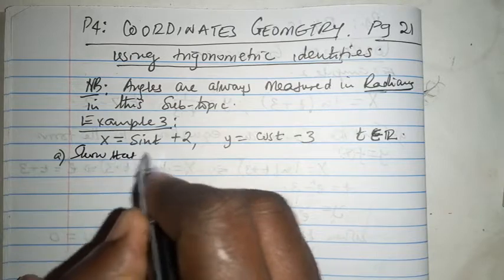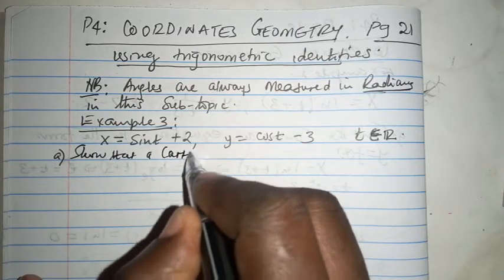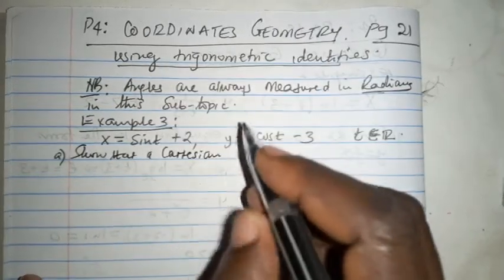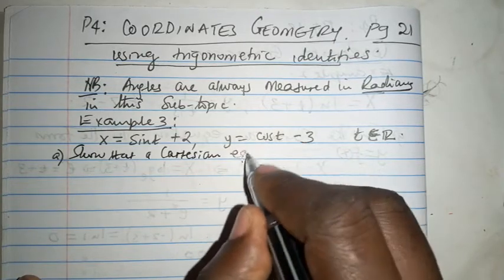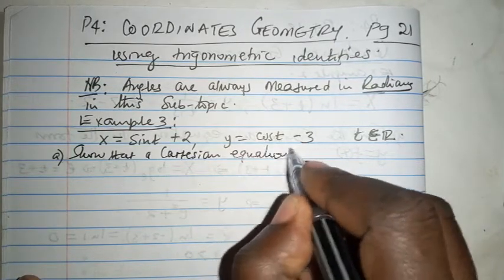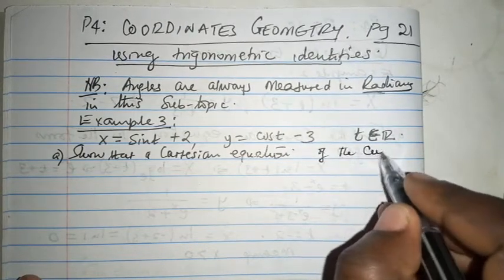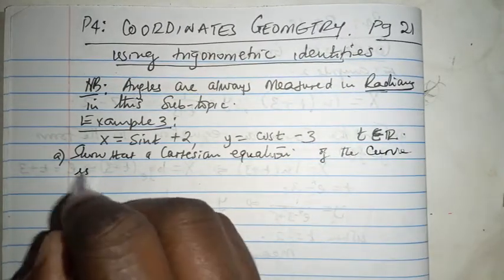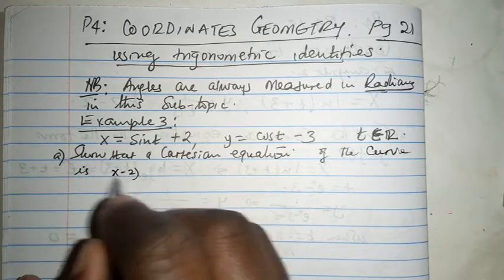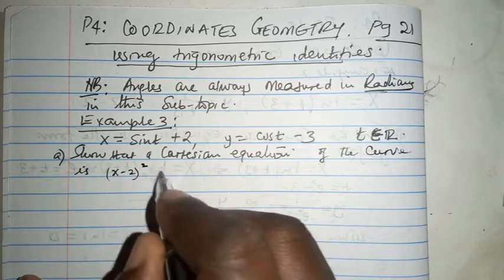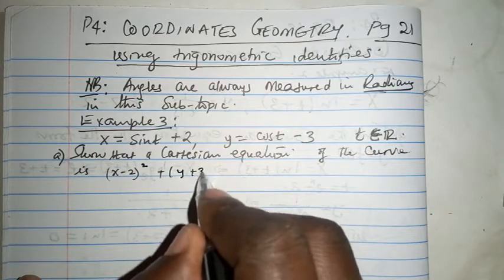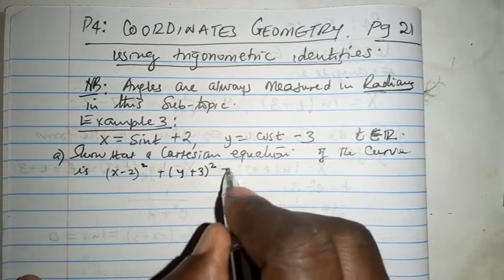x minus 2 squared plus y plus 3 squared equals 1.